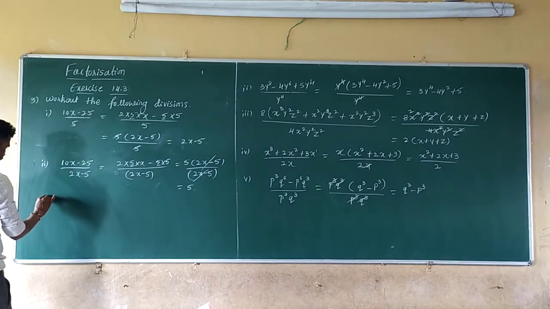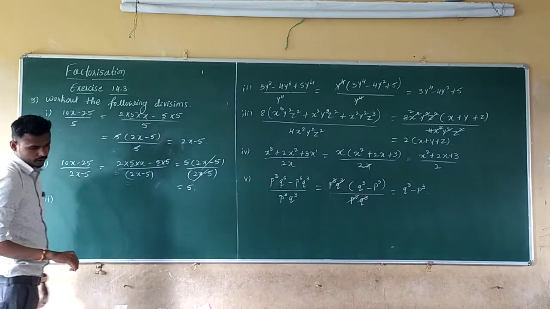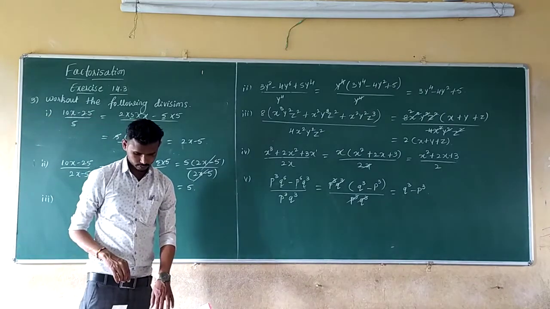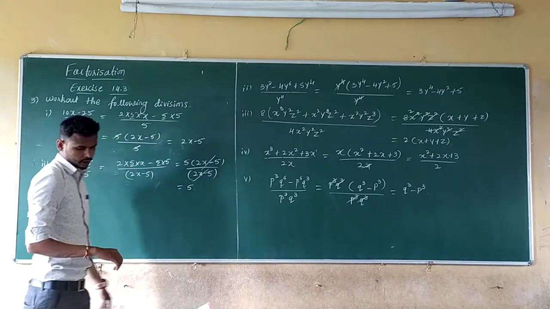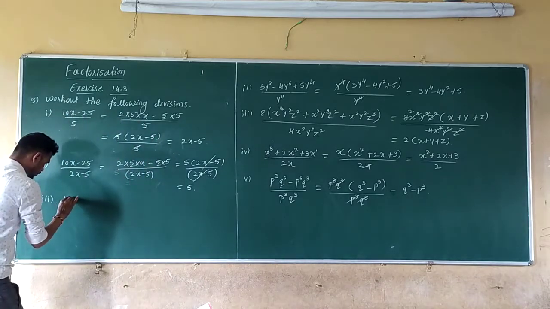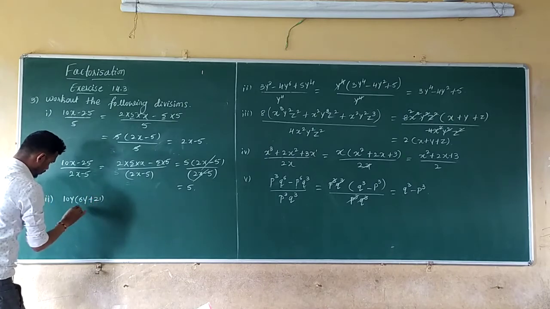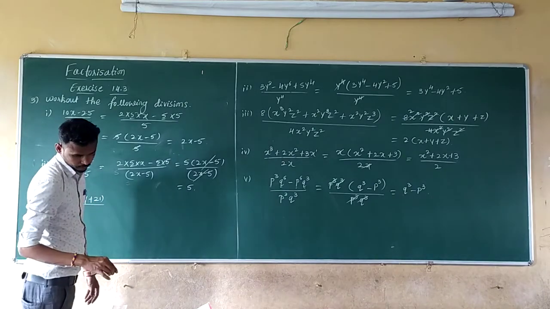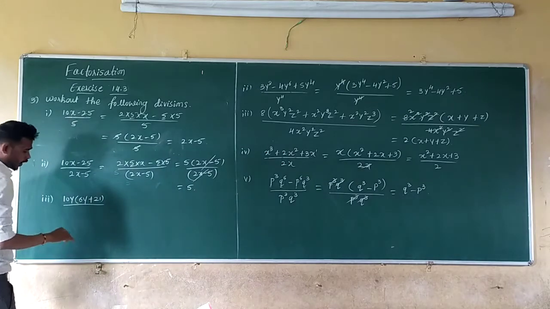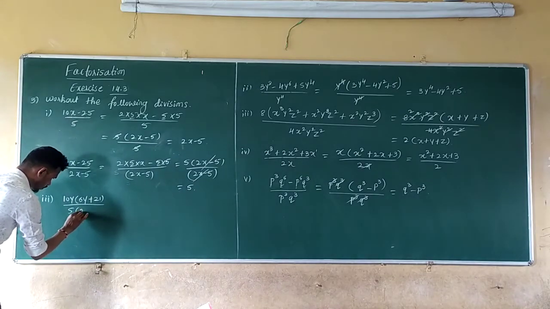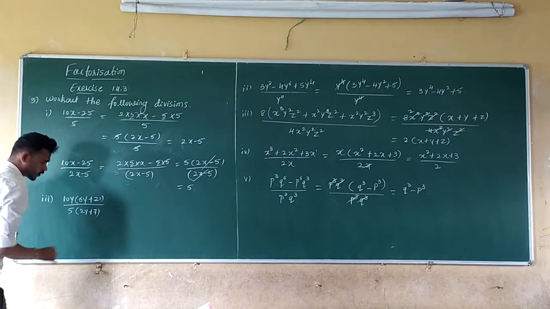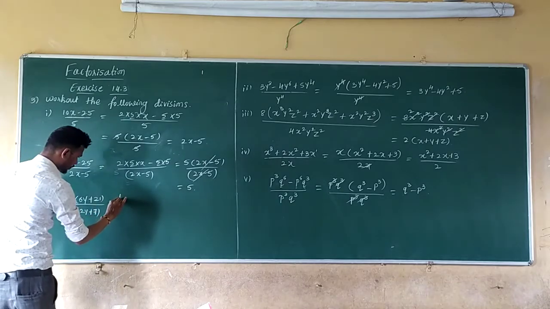Next, third one. 10y into bracket 6y plus 21 divided by 5 into bracket 2y plus 7. Let us see here.